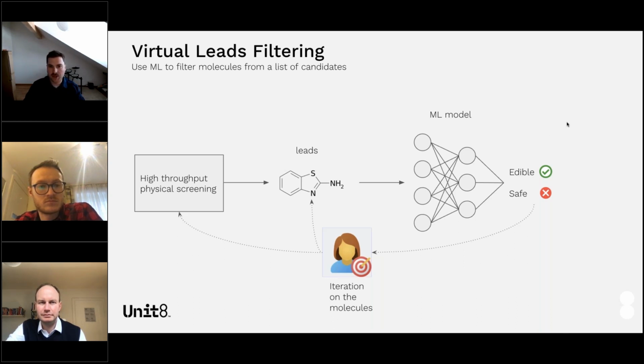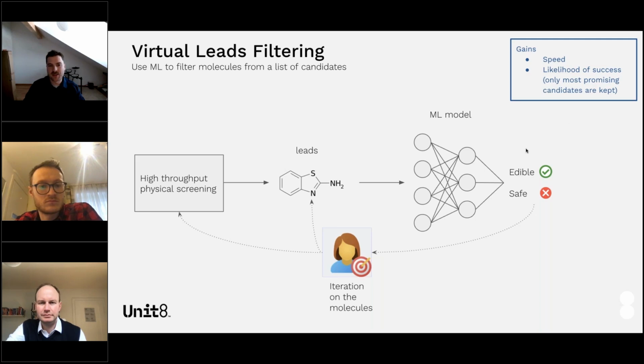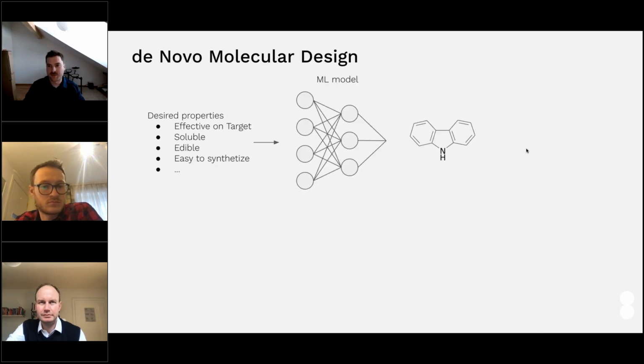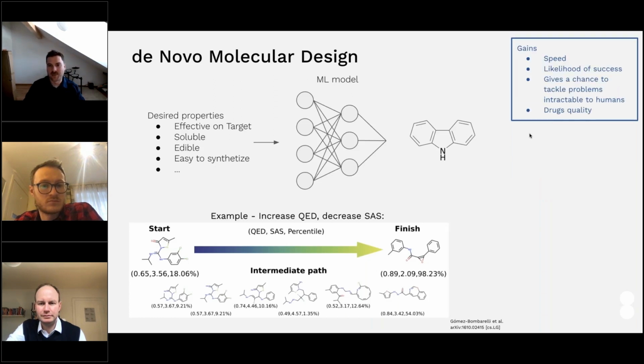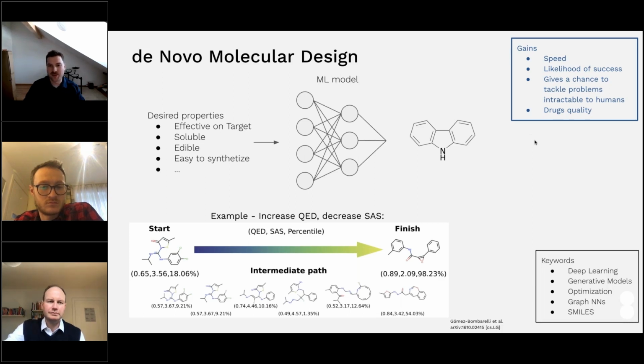And the other approach, on the next slide, is the end-to-end approach. In a sense, this is the holy grail of what we're looking for. Here you can see a machine learning model that we would train, and in input, it would receive what we're looking for.